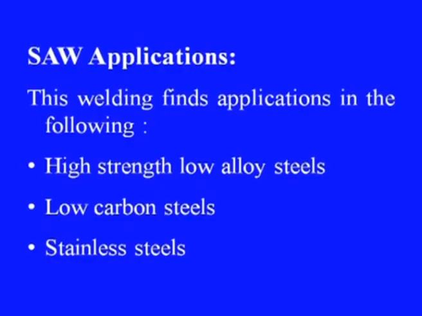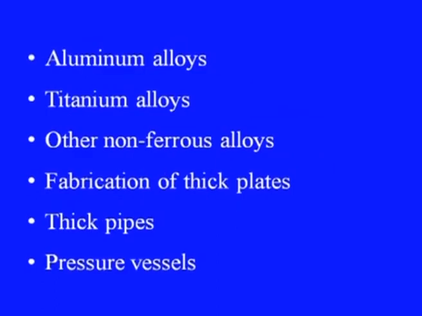Now, let us look at the submerged arc welding applications. This welding finds applications in the following. Number 1, while welding high strength low alloy steels, for welding low carbon steels, for welding stainless steels, this submerged arc welding process is found to be suitable.